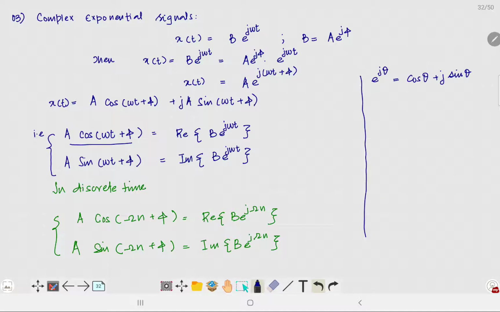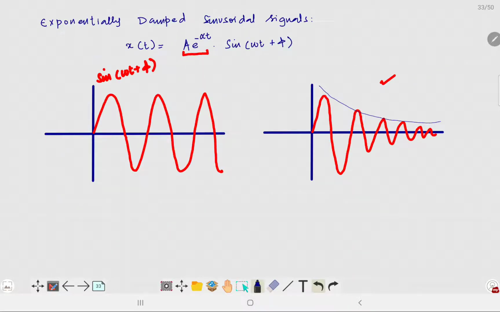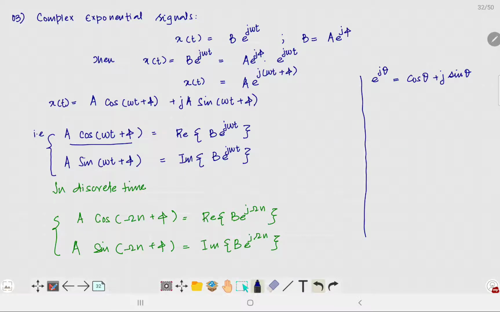So the general thing is that exponentials and sinusoidals can interact in a number of ways. Similarly, you may have an exponentially growing sinusoidal signal, wherein a sinusoidal signal is multiplied by a growing exponential, and the amplitude will go on increasing with time. So you can have different combinations. But in general, this is how we express it.